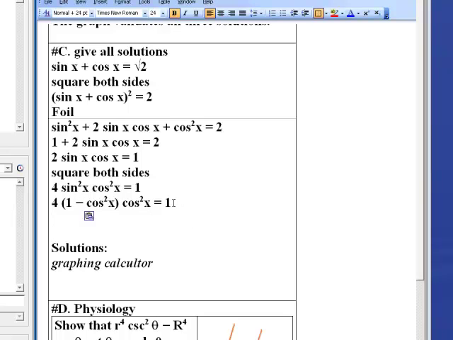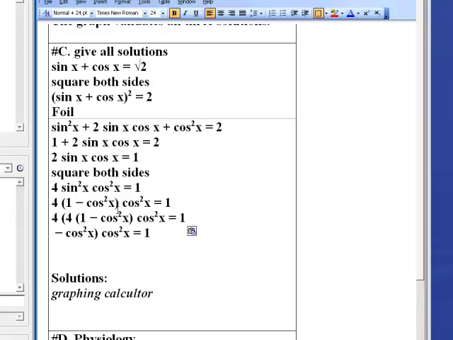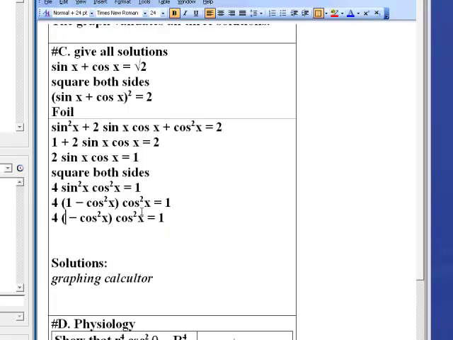Okay, then still not done. Now I'm going to distribute the cosine squared that's outside the parentheses. So we're going to come up here with, I'm going to do this in 2 things in one step. Oh, not that much here. So as I'm going to distribute this one here, I'm going to have cosine squared here, and here I'm going to have cosine to the 4th power.